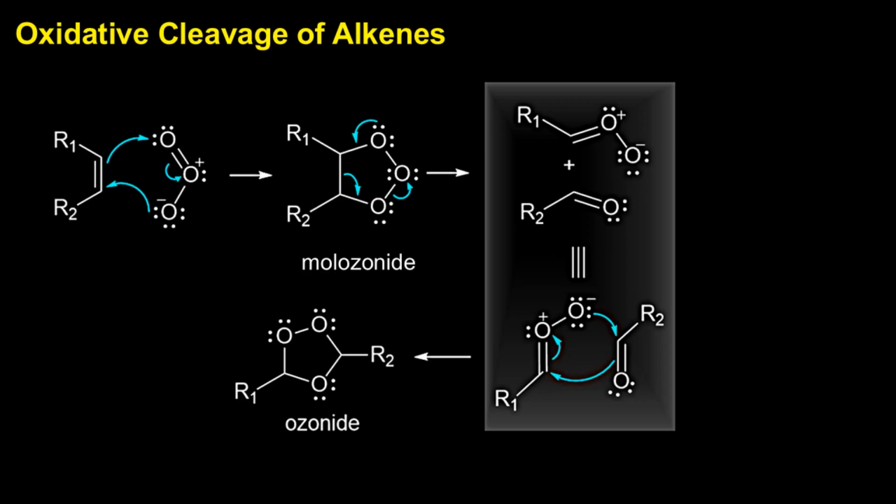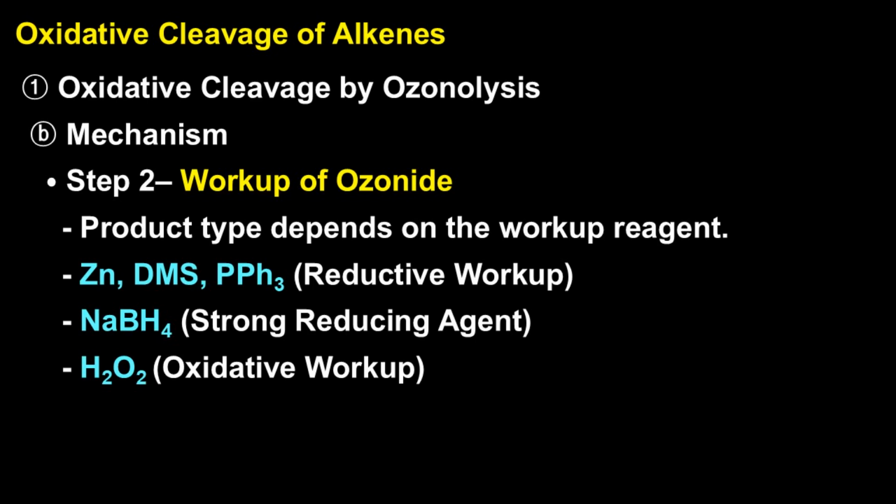Those two fragments then recombine to form a more stable structure, the ozonide. So overall, the process goes like this. First, a [3+2] cycloaddition to make the molozonide, then a fragmentation into open chain pieces, and finally, ring closure to form the ozonide.